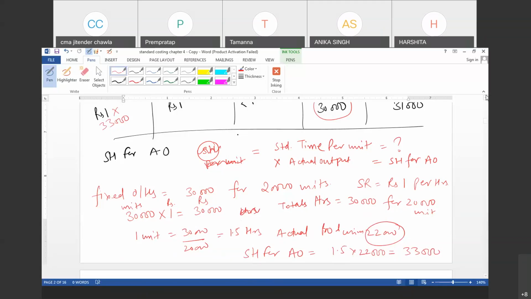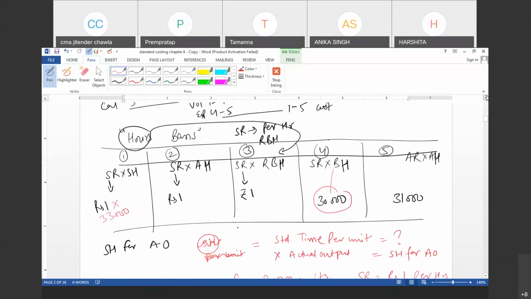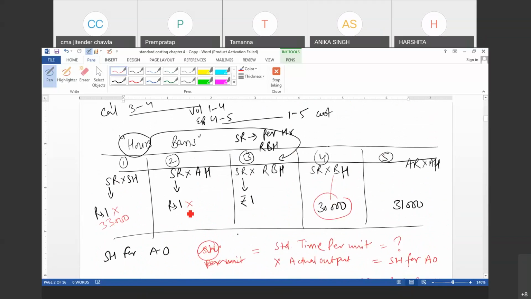Right? Is it clear? और एक्चुअल आवर्स कितने लगे आपके? एक्चुअल आवर्स लगे आपके 31,500. This one clear, both calculations, कैसे आया, or should I repeat?